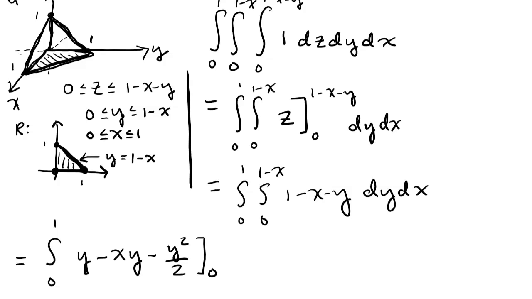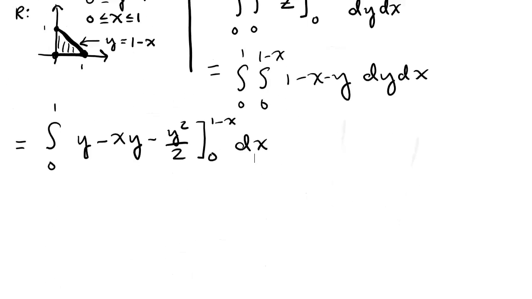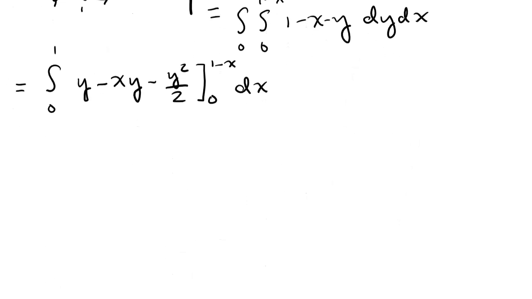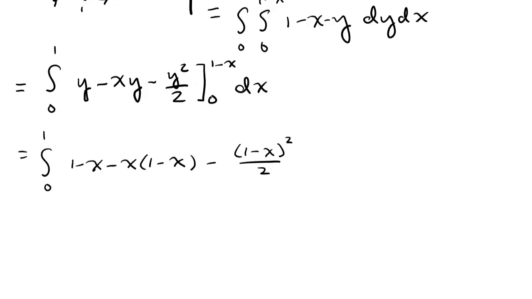And we're going to plug in 0 and 1 minus x. So plugging in 1 minus x, we're going to get 1 minus x times 1 minus x, minus 1 minus x quantity squared all over 2. And this will be dx.